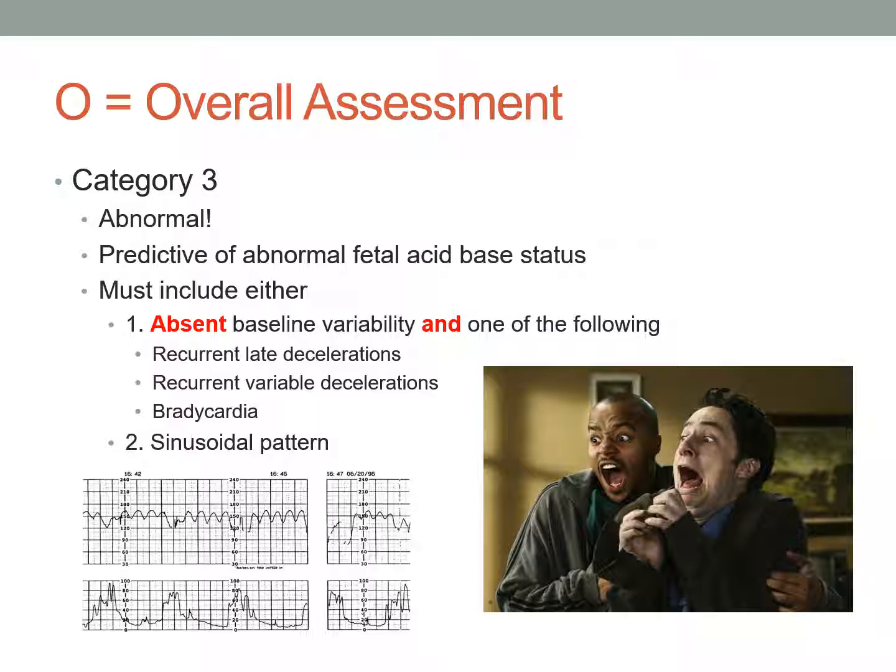So absent variability plus recurrent lates, recurrent variables, or bradycardia. So if you have just absent variability, that's still category 2. If you have minimal variability and recurrent late decels, that's still category 2. The other thing that can be a category 3 tracing is a sinusoidal pattern. There's an example of a sinusoidal pattern right here.